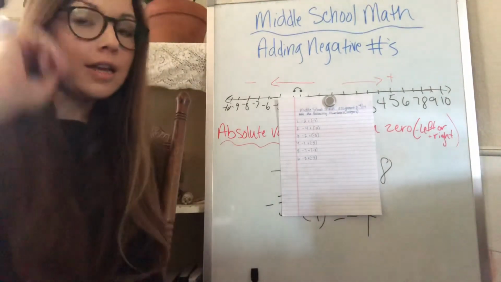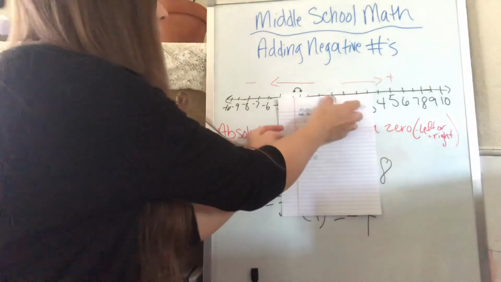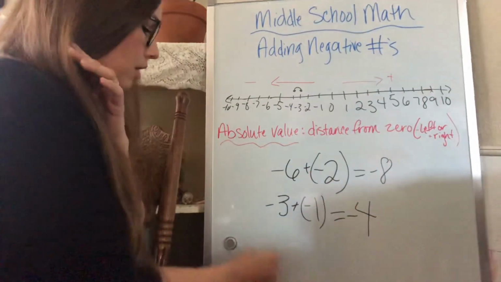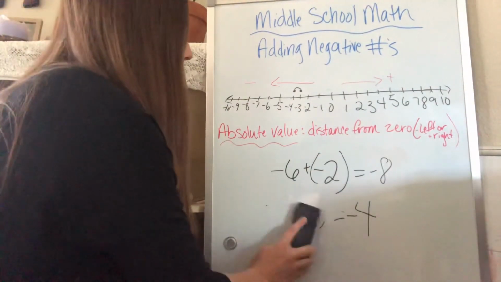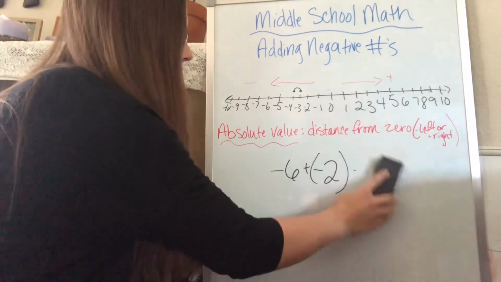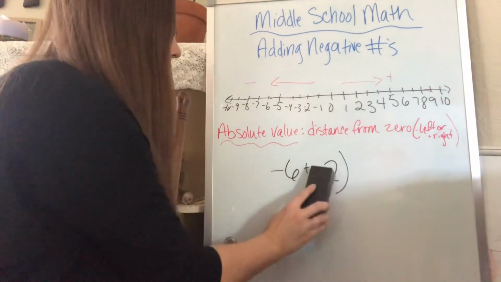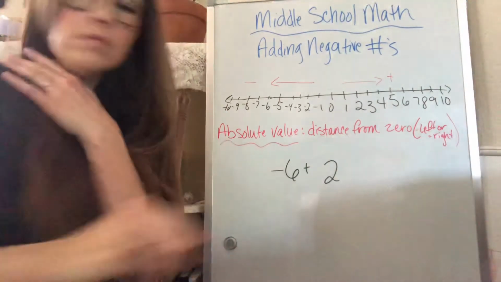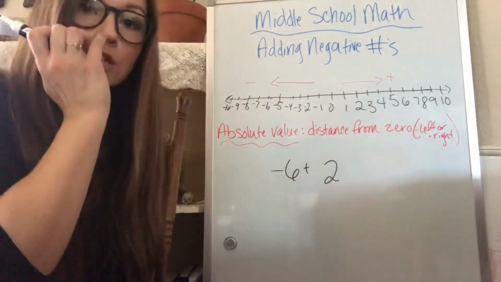There are a couple other ways that we can add negative numbers. Sometimes we have to add negative numbers to positive numbers. Like, let's say I borrowed $6 from you, so I was -6, and then I paid you back $2. So it's just -6 plus +2.